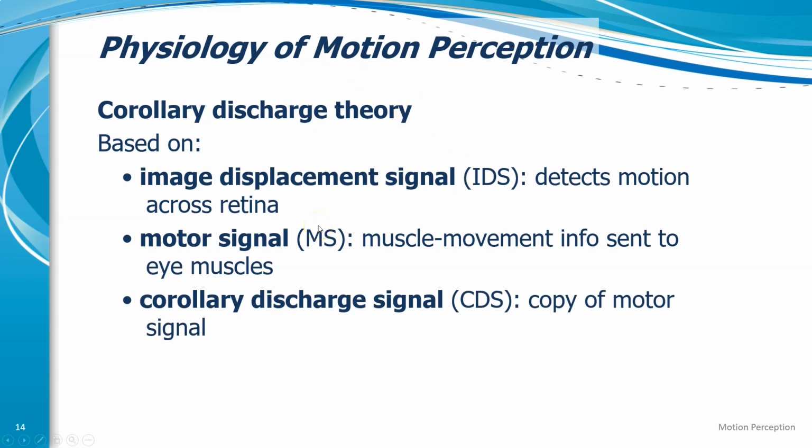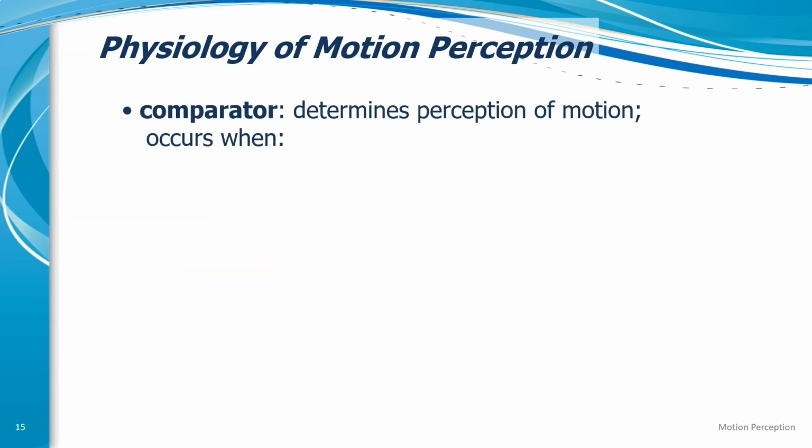So the motor signal goes from a part of your brain to your eyes. The corollary discharge signal goes presumably from that same part of your brain to another part of your brain. Where does it go to? Okay, that's the fourth component, and that's called the comparator. The comparator kind of calculates motion perception.